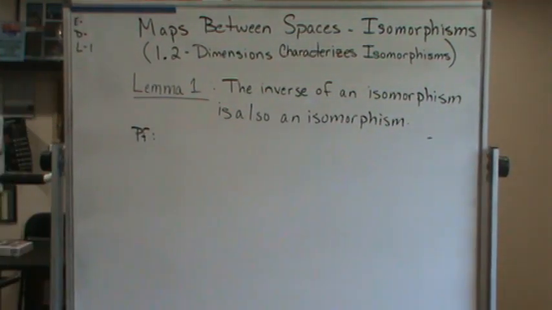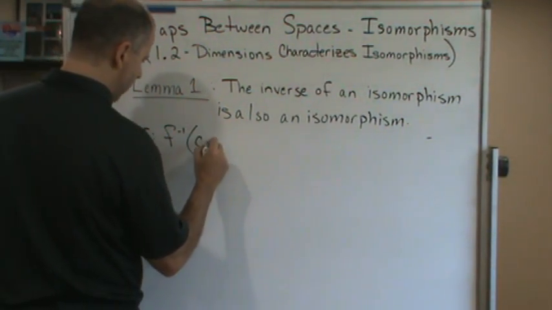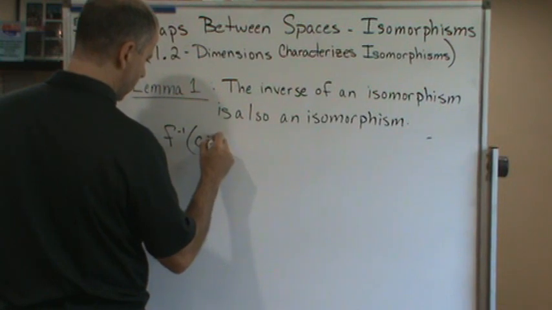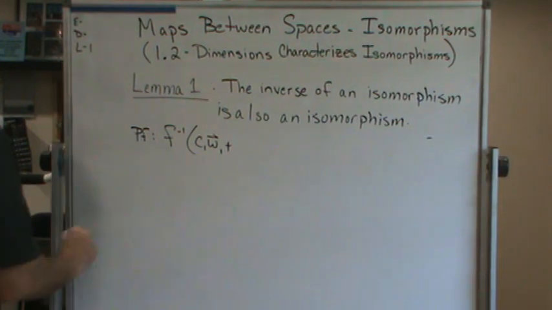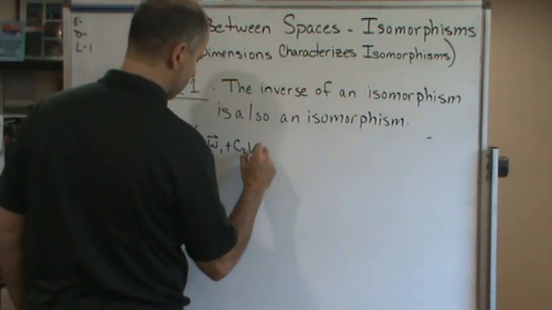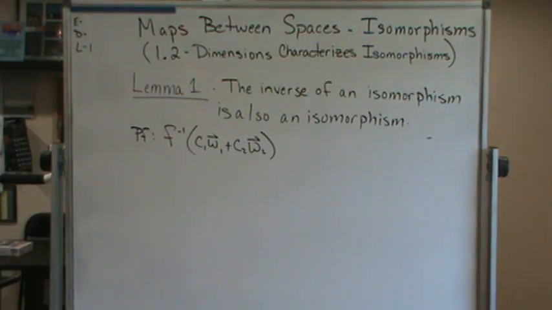Okay, so here's what we have. We take our linear combination, f inverse of C1 W1 plus C2 W2. Now we're going to show a string of equal signs, showing that we can get back to a linear combination using the inverse function.